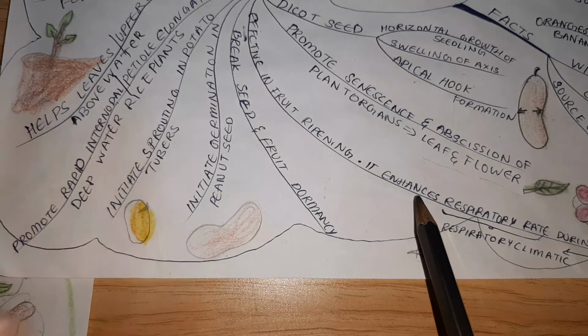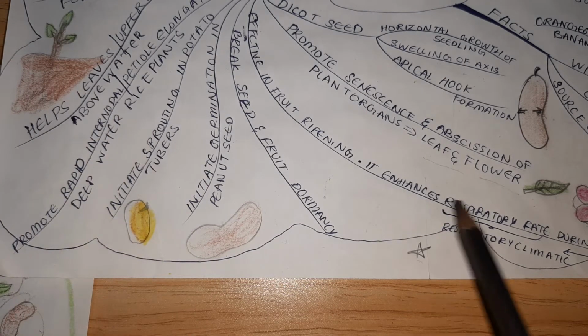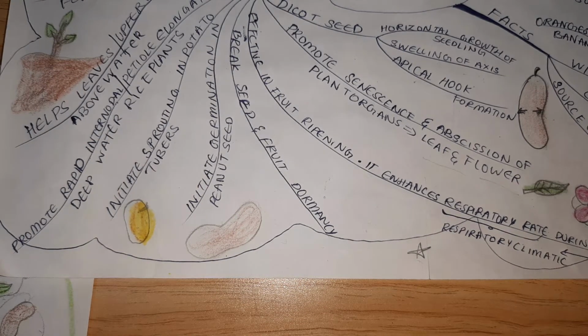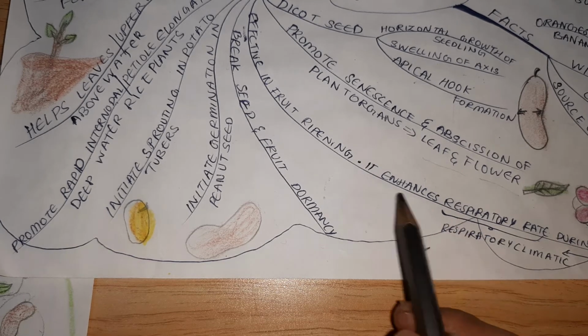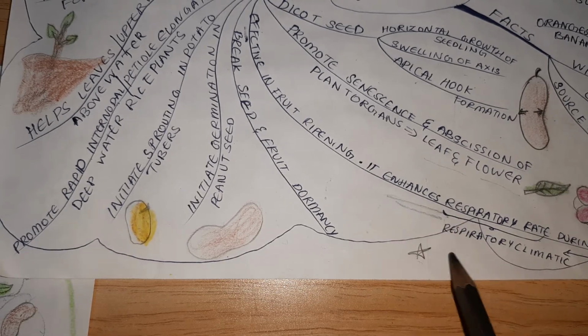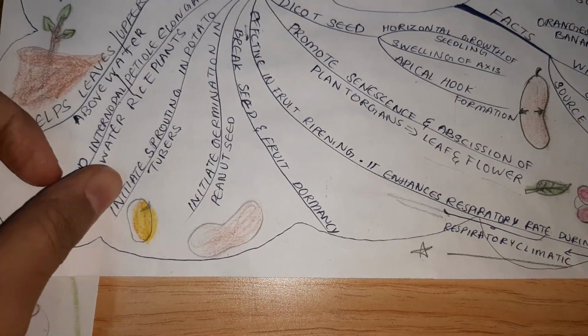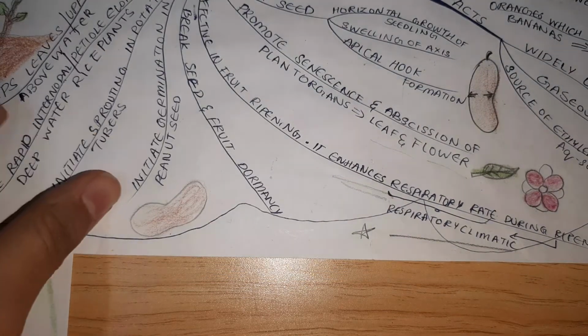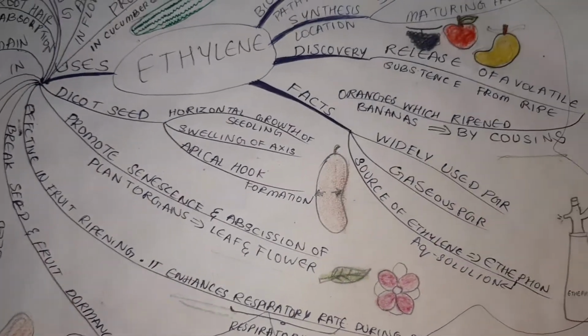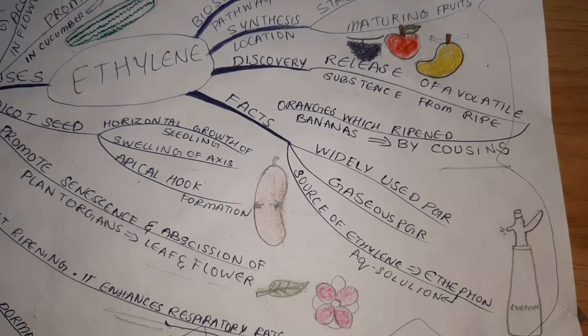Now, this is effective in fruit ripening. It enhances the respiratory rate during ripening, and this increase in respiratory rate is known as respiratory climacteric. For example, we can understand right from the experiment which was performed by Cousins. When he placed already ripe oranges with unripe bananas, the bananas also got ripe.